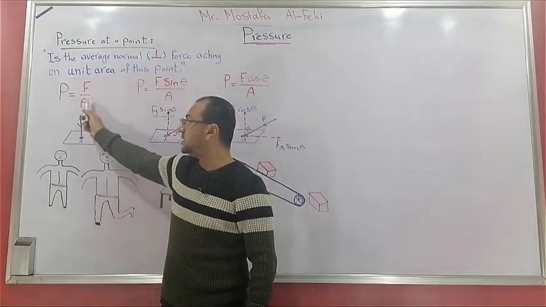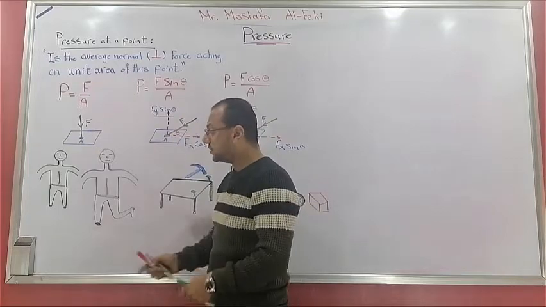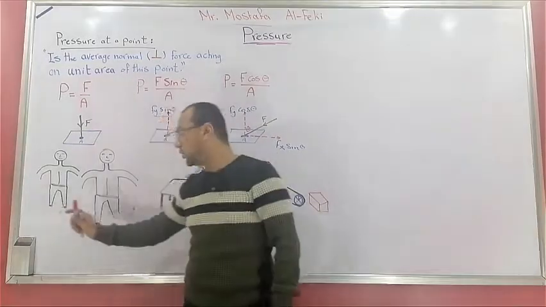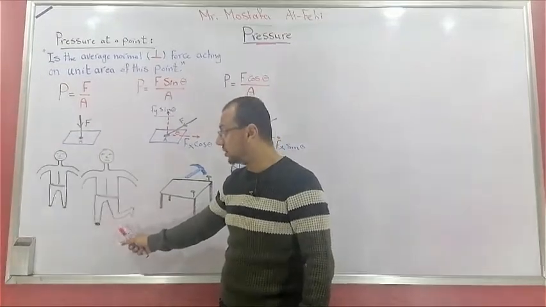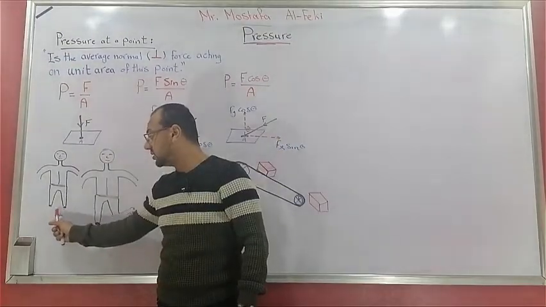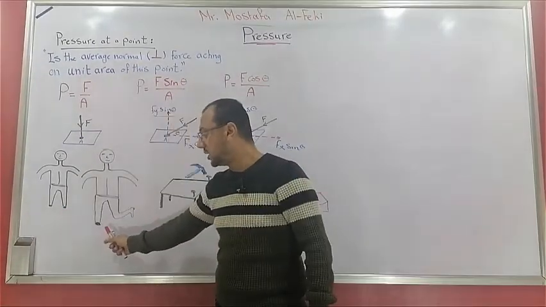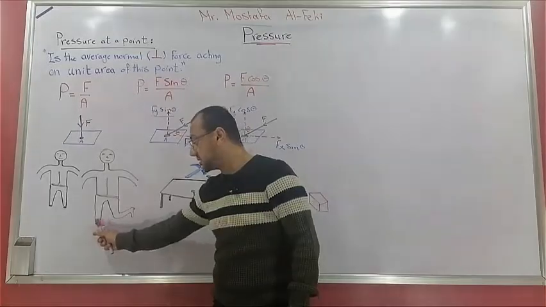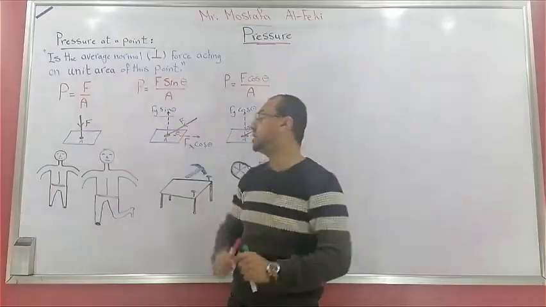By increasing the area, the pressure decreases. Then in the first case, the pressure is less, while the second child acts by high pressure, because here the 2 points increase the area, while in this case, with one point, the area decreases, then the pressure increases.